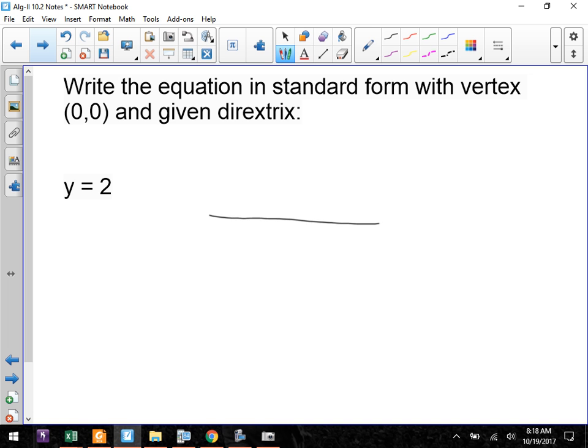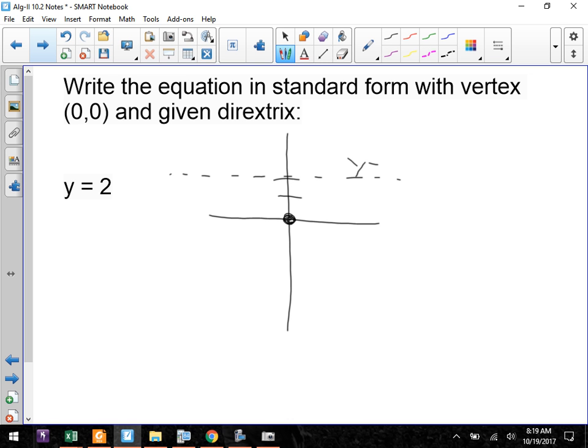Very good. Our vertex in this case is where? 0, 0. The y equals 2, is that above it, below it, right of it, left of it? It's above it, isn't it? Because it's y equals 2.